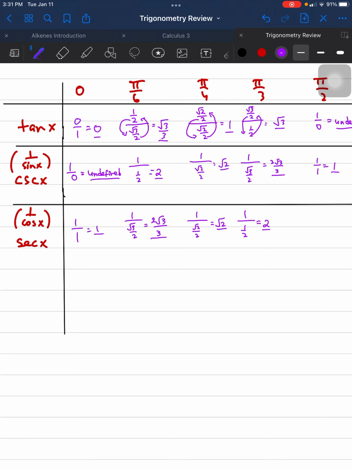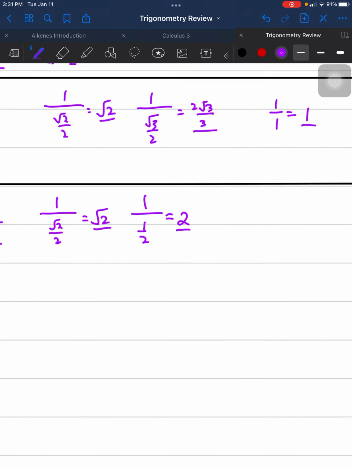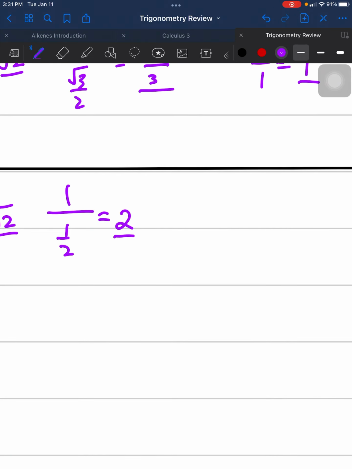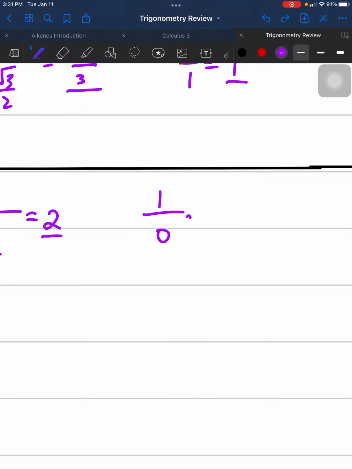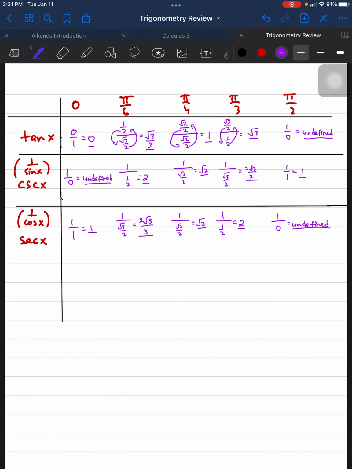Now at pi over 2, cosine of x is equal to 0. So when we plug that into the rewritten version of secant x, it's 1 over 0. And we know that anything over 0 is undefined. So at pi over 2, secant of x is undefined.